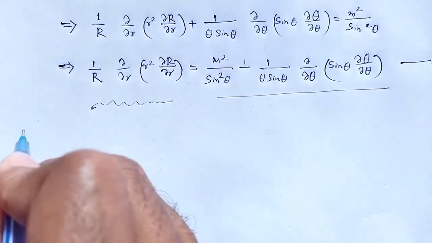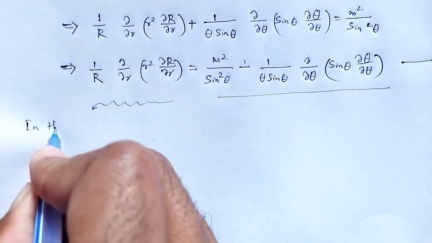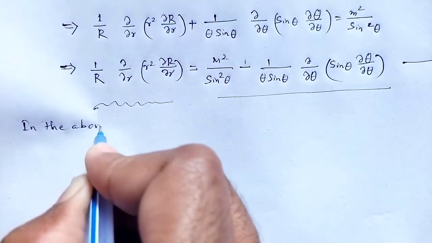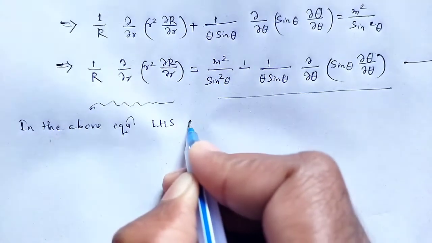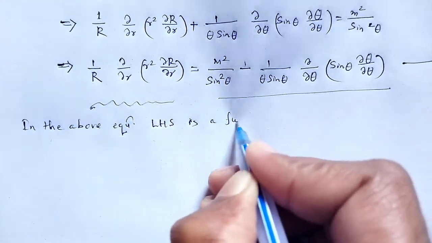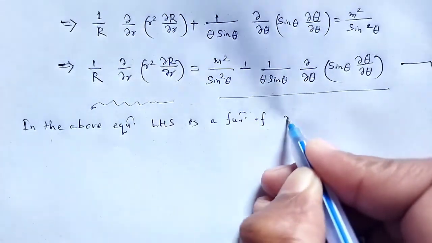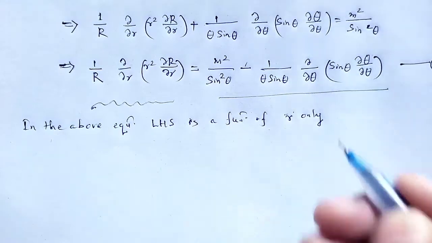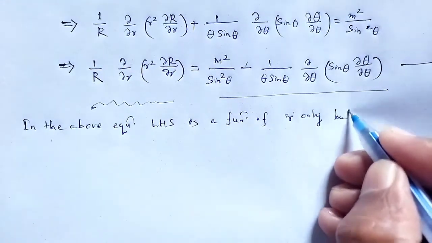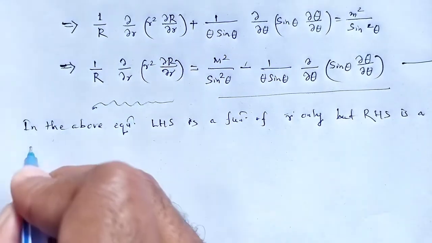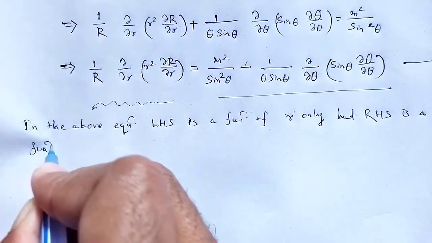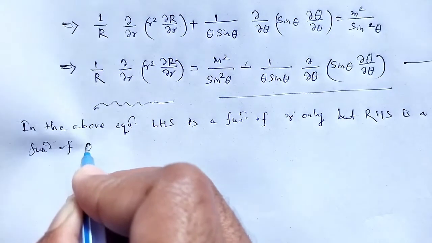In the above equation, the LHS is a function of r only, but the RHS is a function of theta only.